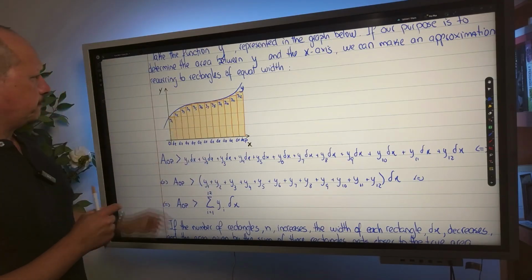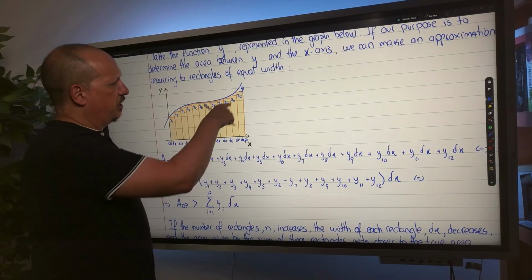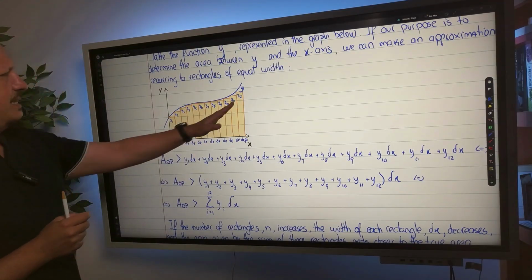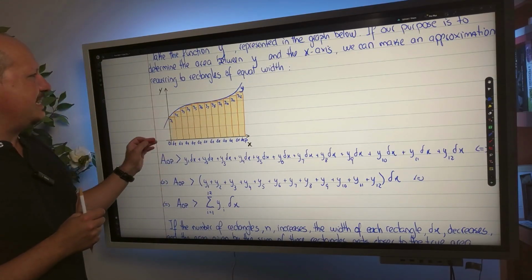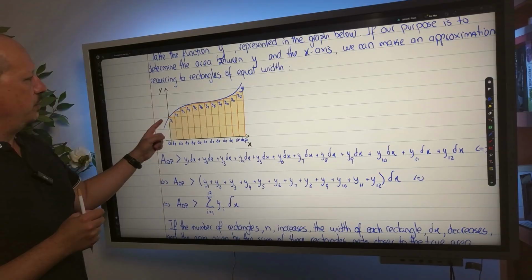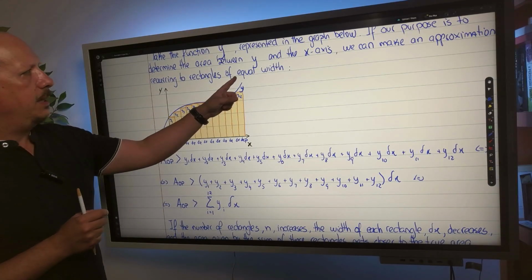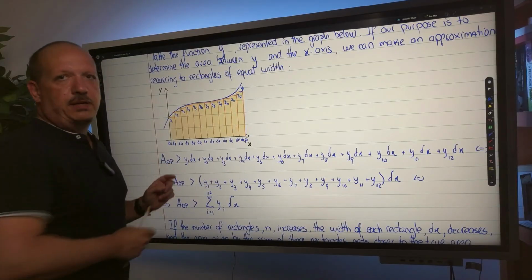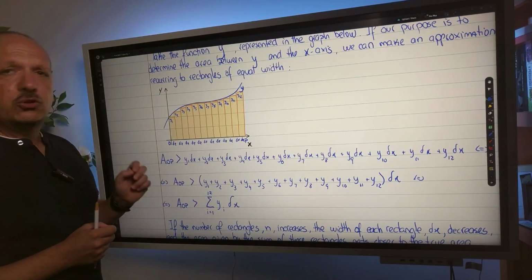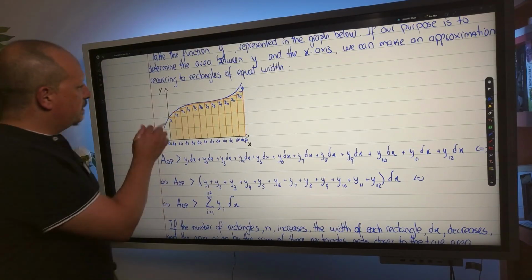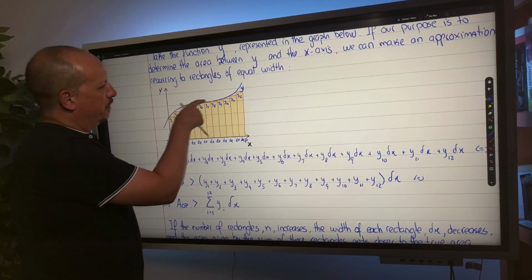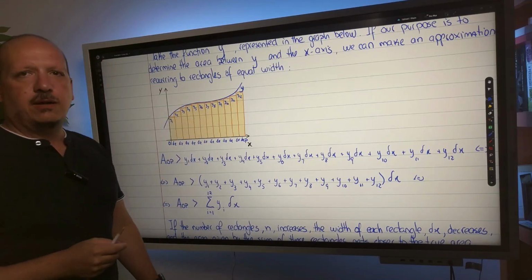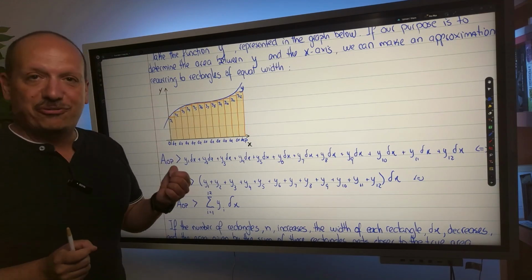And if you look at the area that is shaded here in yellow, you can tell that the area of this is close enough to the area underneath this curve and between point O and point P, right? It's not quite, but it's close enough. You still have these little white gaps over here, but the area is close enough.